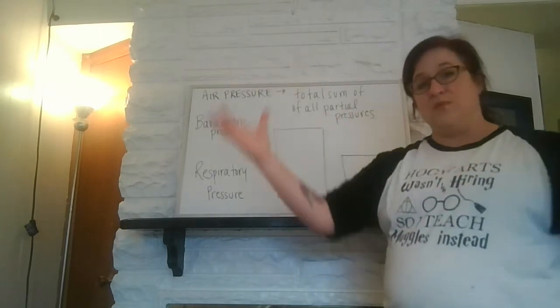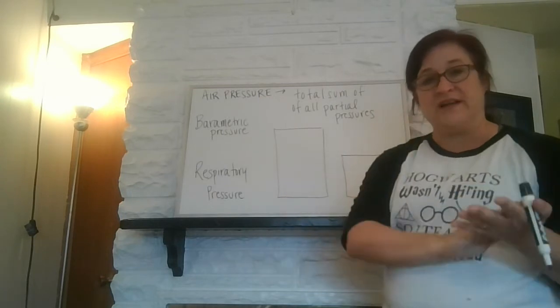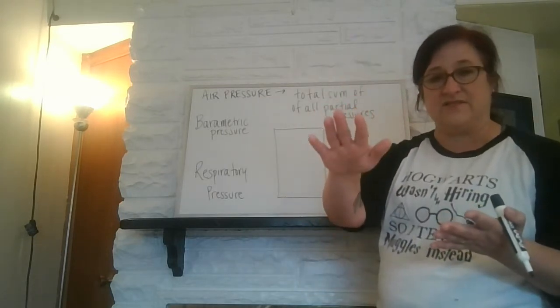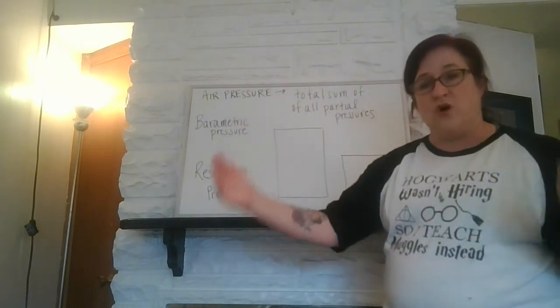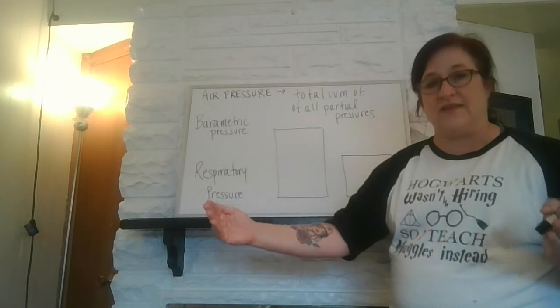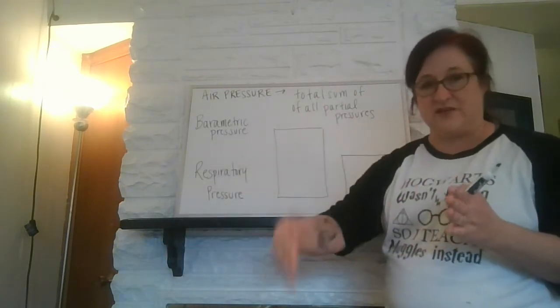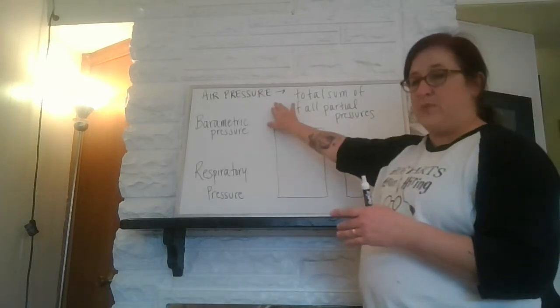So if I have a sum total of air with its own pressure, a percentage of that is because of oxygen, a percentage of that is because of nitrogen, a percentage of that is from carbon dioxide. The total air pressure is me adding up all those partial pressures of oxygen, nitrogen, and what else is in there. That's how I get the total air pressure.